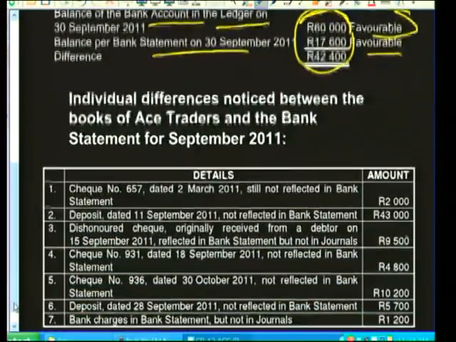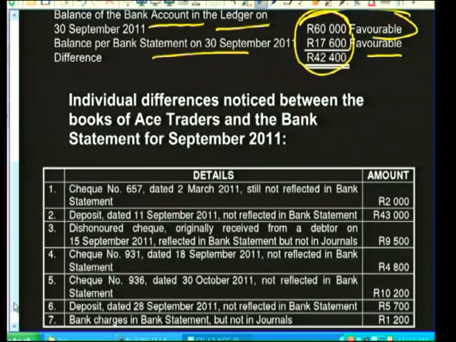Here are my differences that are given to me. The individual differences noticed between the books of Ace Traders and the bank statement. In other words, we are Ace Traders, and these are the differences that we now need to take into consideration in order to do what?